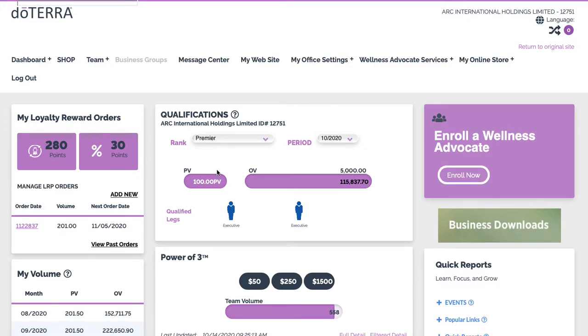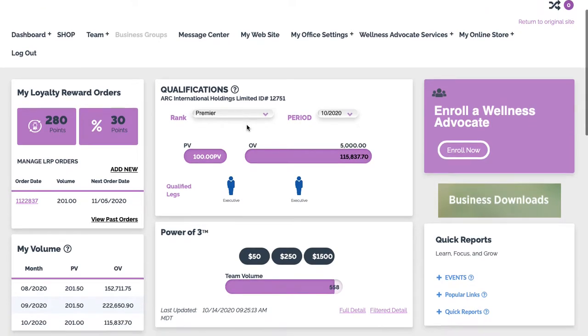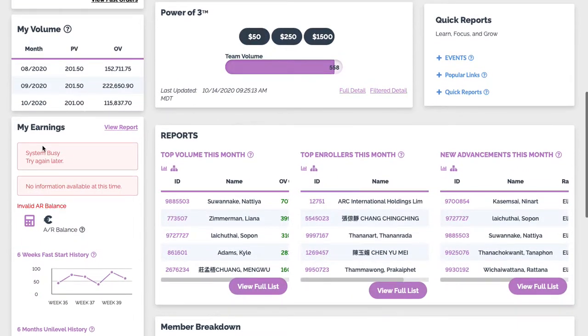You can look at your dashboard and go through all the different information that's here. We're not going to focus on that today. We're going to look here on the left. It actually says system busy, try again later. That's okay. Normally it shows your AR balance, or accounts receivable balance, how much money the company has calculated for your commission that hasn't yet been sent to you in a check or deposited into your account.